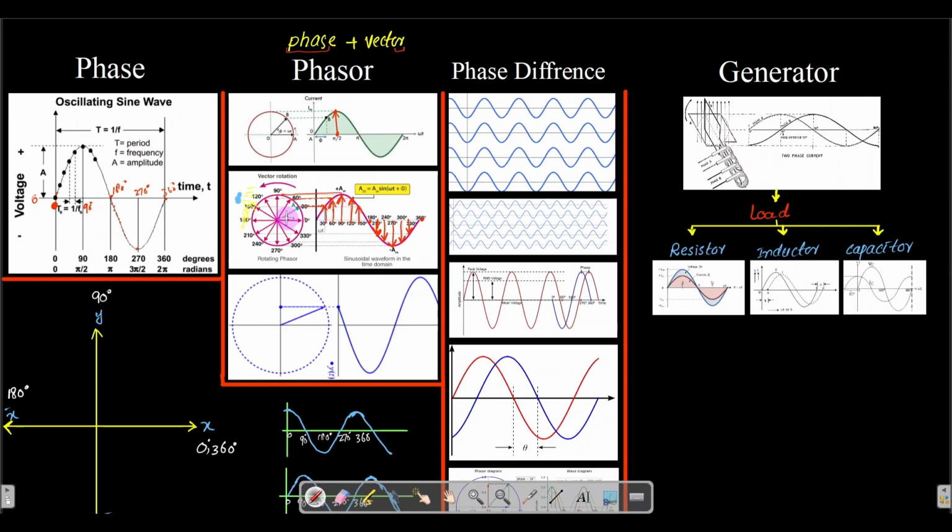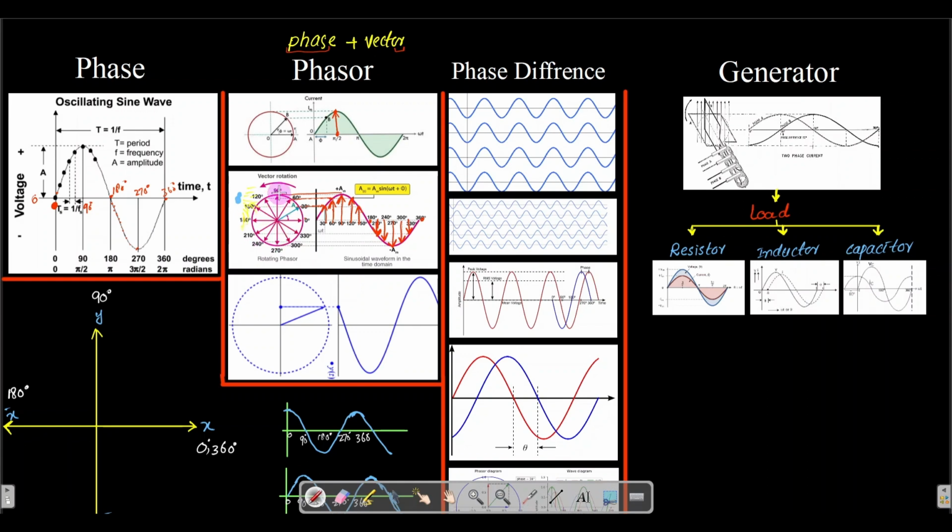Okay, so if we plot that shadow for each increment in the degree, we will again get that same graph. Okay, so that same sinusoidal wave we can plot by using this vector.